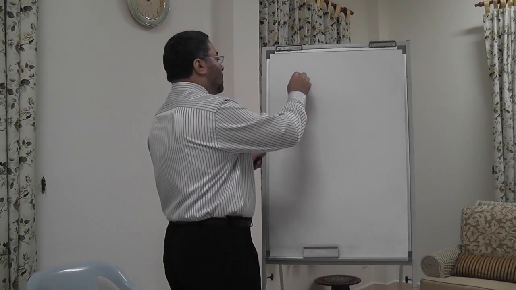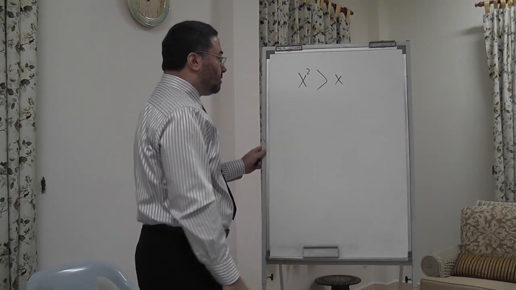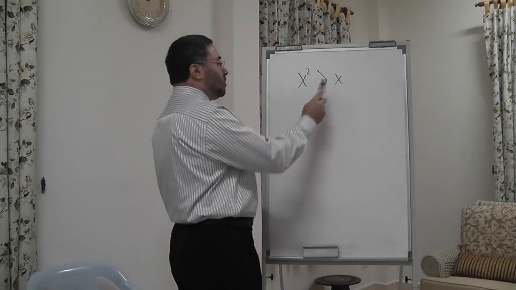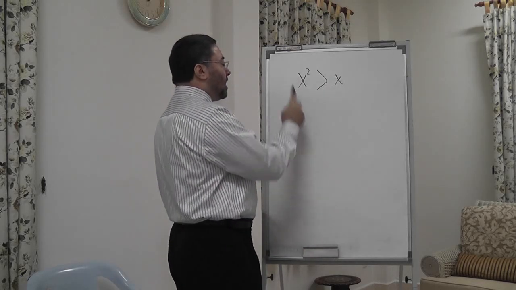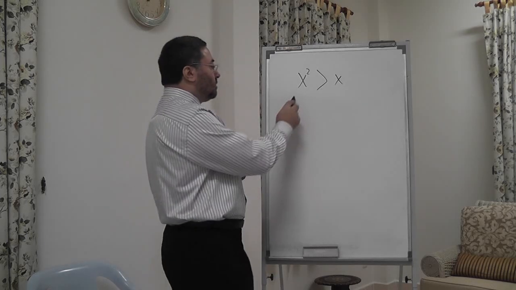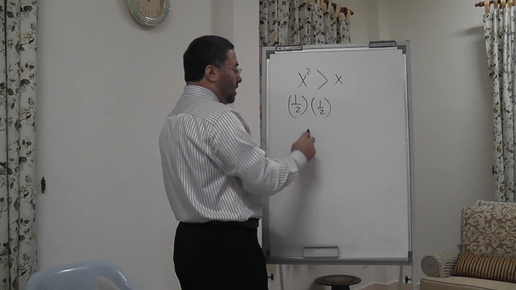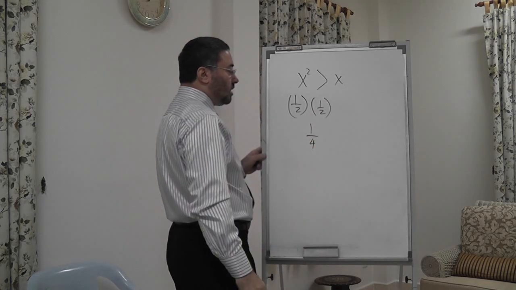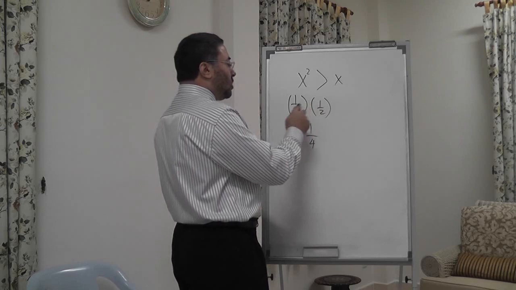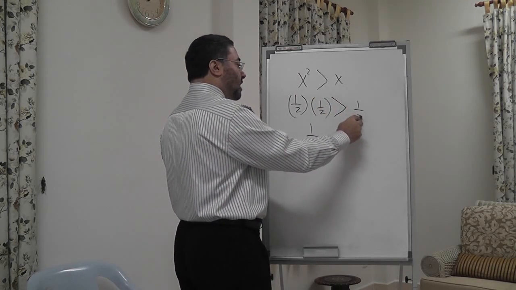Number 37, is this statement true for all numbers? Here this is a different situation than the previous ones. Here we have squaring of x, and if we square a fraction, half times half is going to be less than the original fraction. So half times half is not more than half.